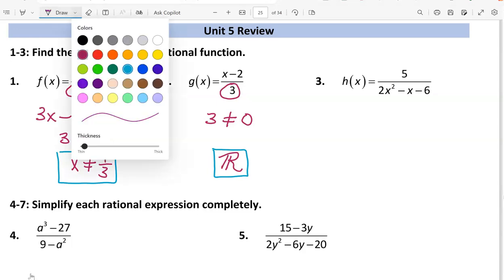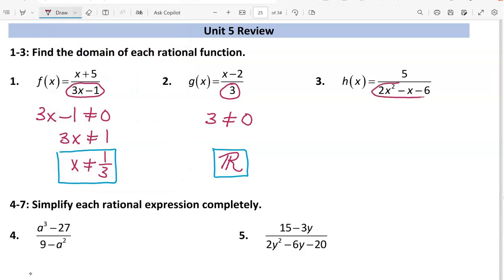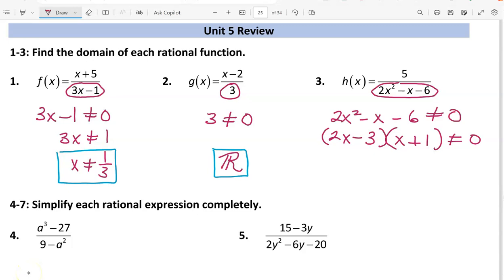In number 3, the thing that we're dividing by, or the denominator of the fraction, is 2x squared minus x minus 6. So 2x squared minus x minus 6 may not equal 0. And we can solve this inequality by factoring. So 2x minus 3 times x plus 1 is not equal to 0.